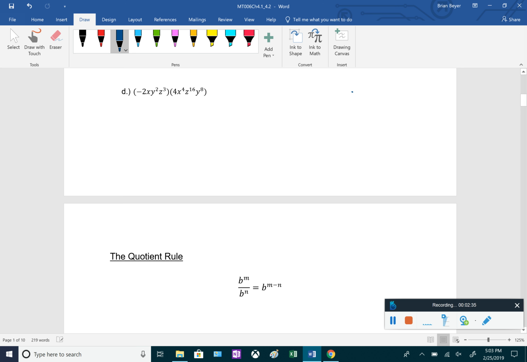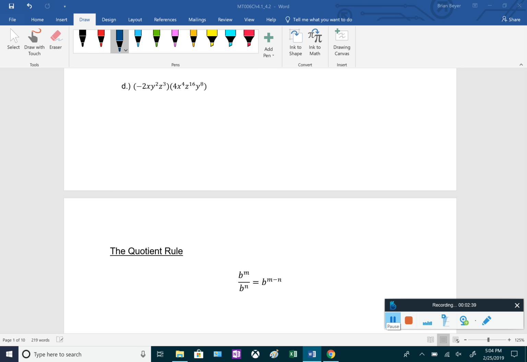Okay, and next one. Negative 2x y squared z cubed times 4x to the 4th z to the 16th y to the 8th. Once again, let's multiply the numbers. Negative 2 times 4 is negative 8. Then we have x, y, and z factors here. So x to the 1st times x to the 4th, we're going to add the exponents, 1 plus 4.